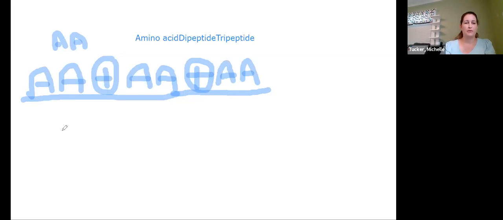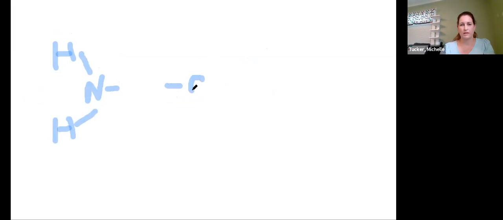So now we're on to the building block of a single amino acid. A single amino acid has an amino group, that's the amino functional group. And then it also has a carboxyl group.